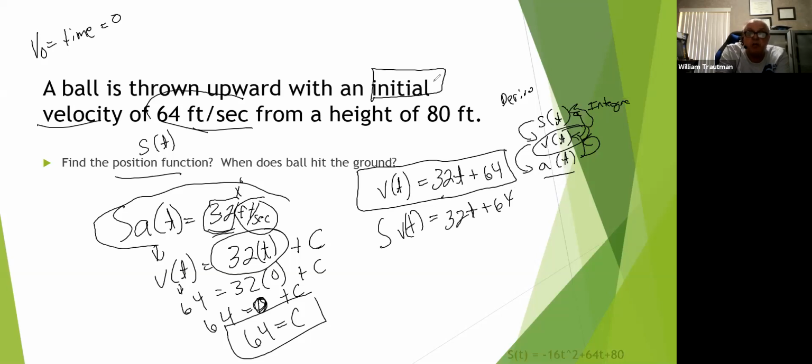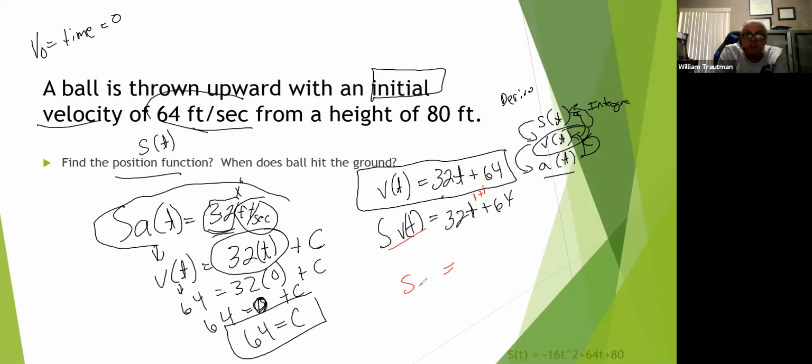To integrate this, don't forget there's a t with a power of 1. I have to add 1 to it. Once I integrate velocity, I find the position function.